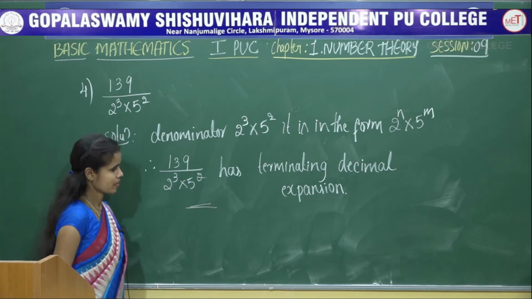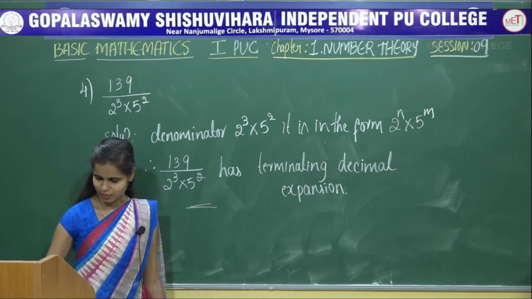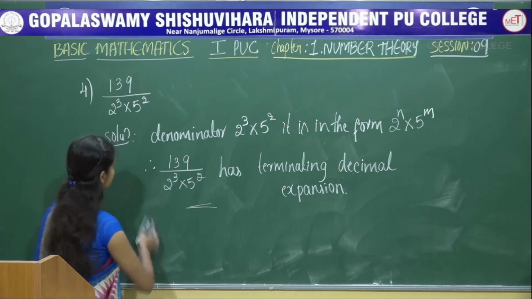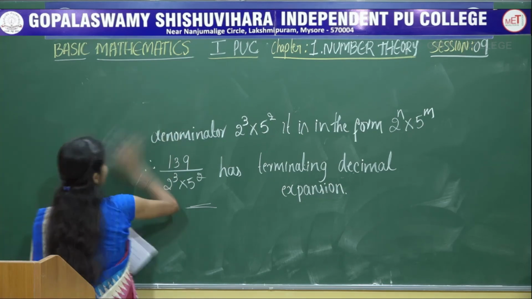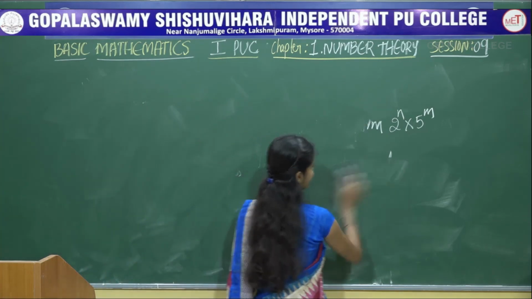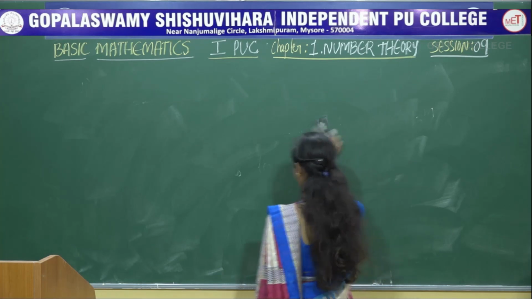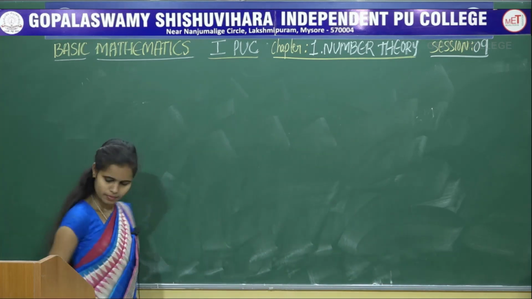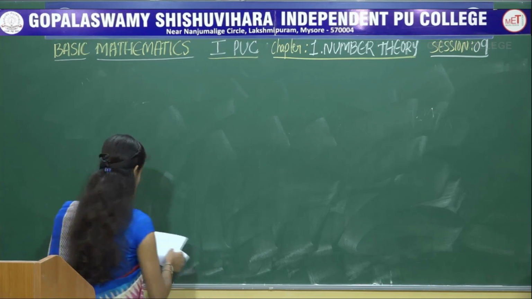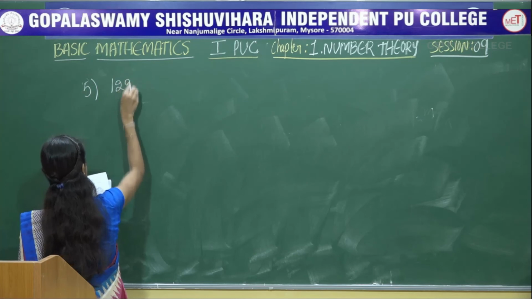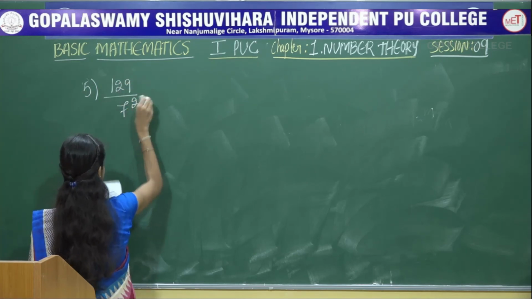Okay. So, next, last problem. Last one, 129 divided by 7 square.